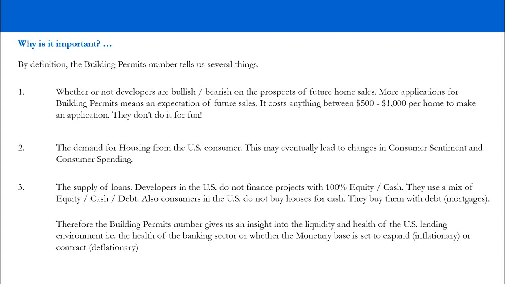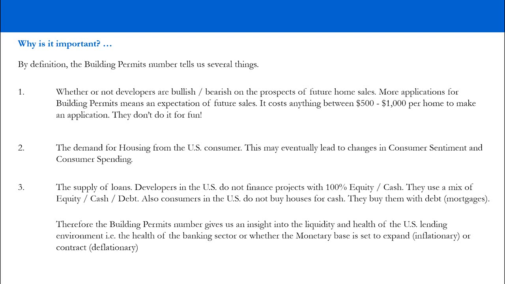Because the more permit applications that go into local state planning departments, it means that there's a higher expectation of future sales. It actually costs money to make a planning application. It costs anything between $500 and $1,000 per home to make the application. And of course, these guys don't do it for fun.